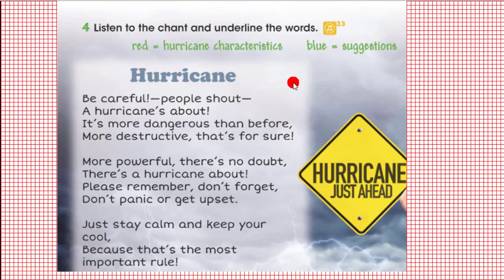Hurricane. Be careful, people shout. A hurricane's about, it's more dangerous than before. More destructive, that's for sure. More powerful, there's no doubt. There's a hurricane about. Please remember, don't forget. Don't panic or get upset. Just stay calm and keep it cool, because that's the most important rule.